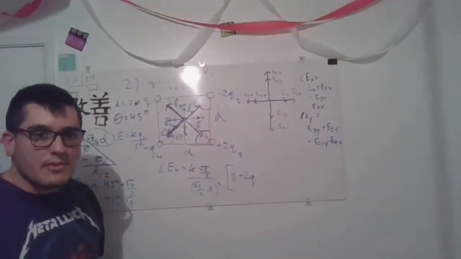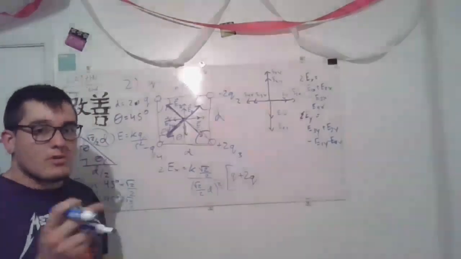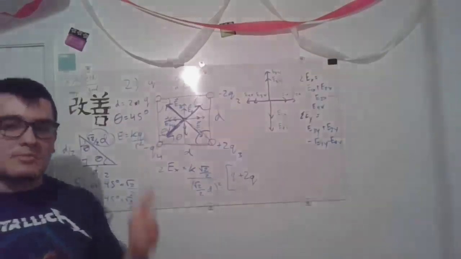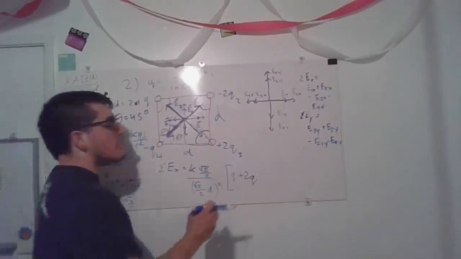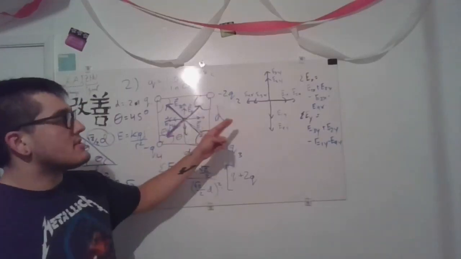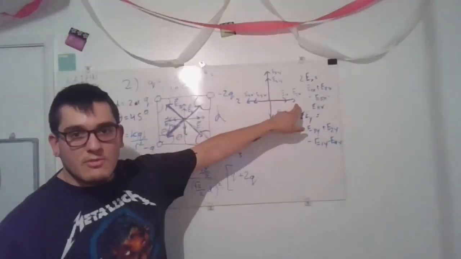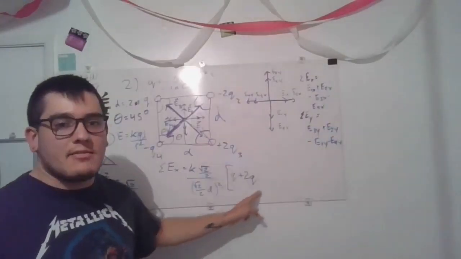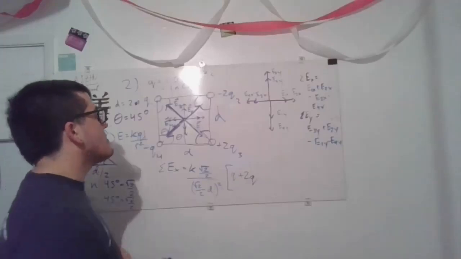Because do you guys remember when you're doing electric field or Coulomb's law to use absolute value? Why? Because you're already picking the vectors. So if I already picked my vectors, I know E1x and E2x is in the positive x hat direction. So I'm going to make sure they're adding, right?